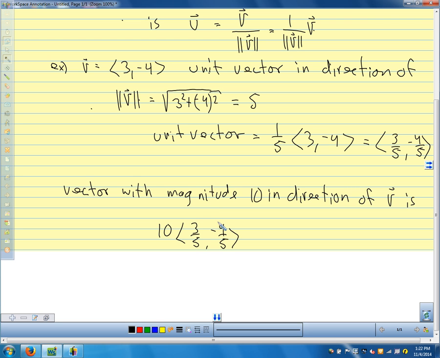So anytime a question asks about a vector with some magnitude in the same direction as another vector, you find your unit vector and then multiply by whatever magnitude you want. That's one kind of problem that confuses students, but it's a really easy problem. If you want it to go the other direction, you multiply it by a negative. That changes the direction.